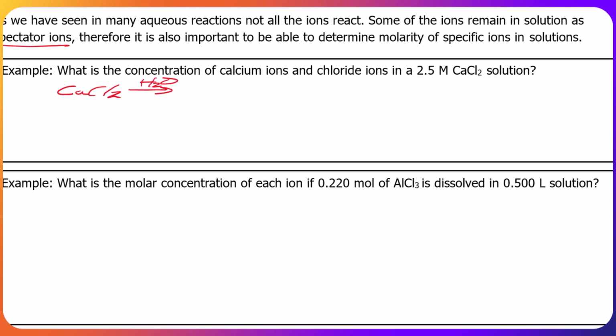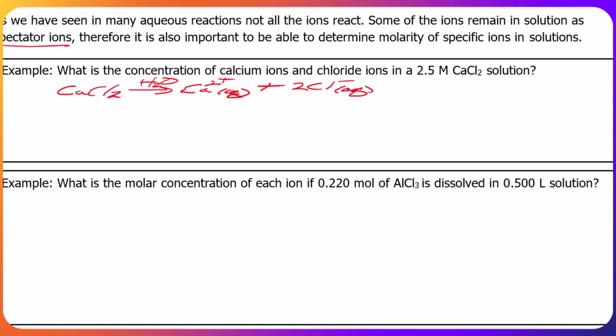It's going to dissociate into calcium 2+ ions in aqueous solution, plus you're going to get 2 chlorides for every 1 calcium ion that dissociates in solution. So that's not Cl2, that's 2 discrete chloride ions running around. It's just a 1-to-2 ratio.